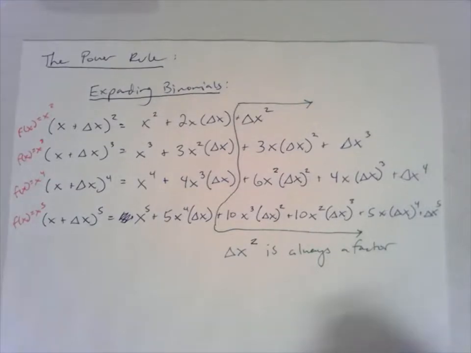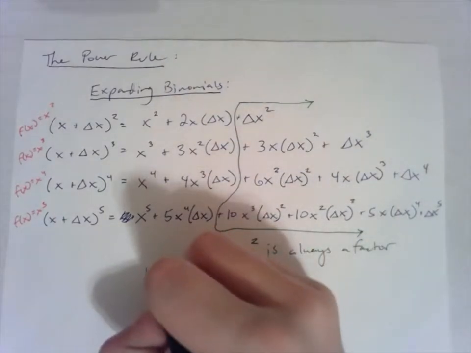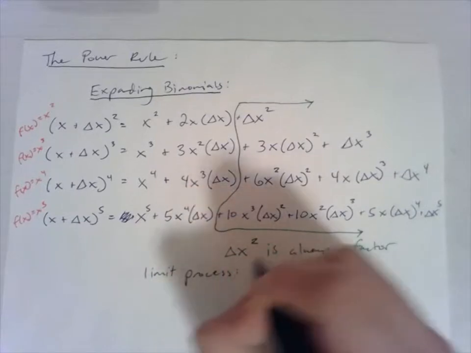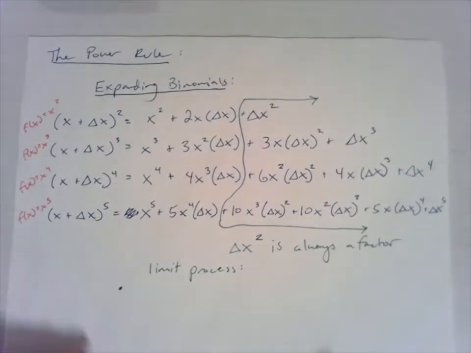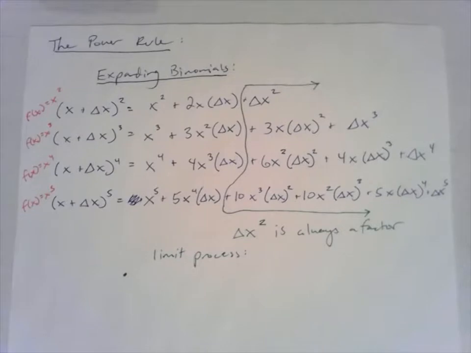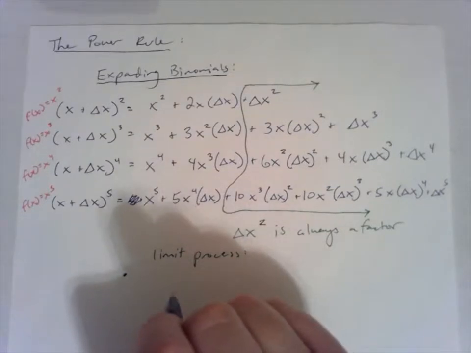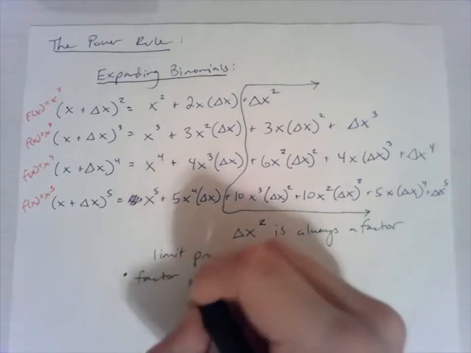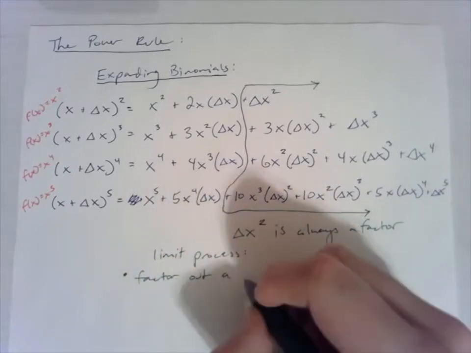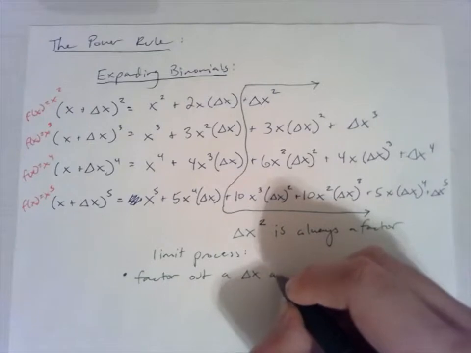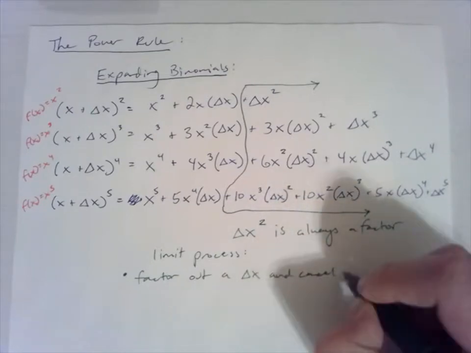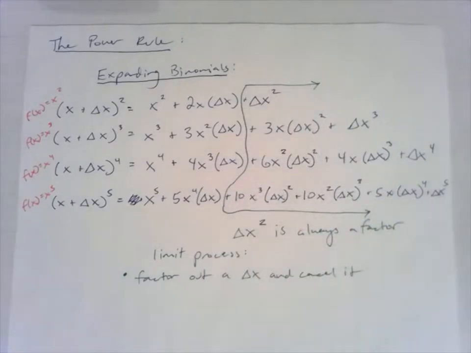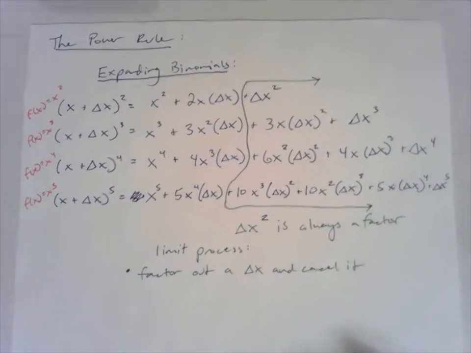Let's go back to the rest of the limit process. Let's think about two important things that happen whenever we use the limit process to find a derivative. The first thing that we always end up doing towards the very end is that we factor out a change of x, and then we cancel it. So every single one of these change of x's squared is just going to become a single change of x.